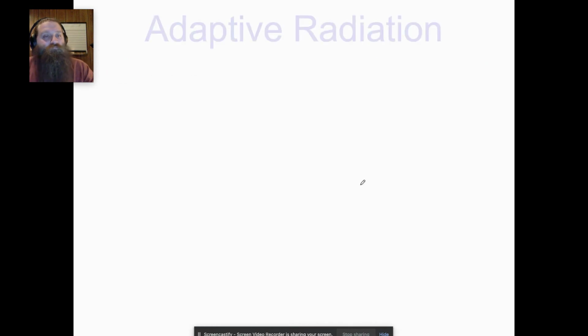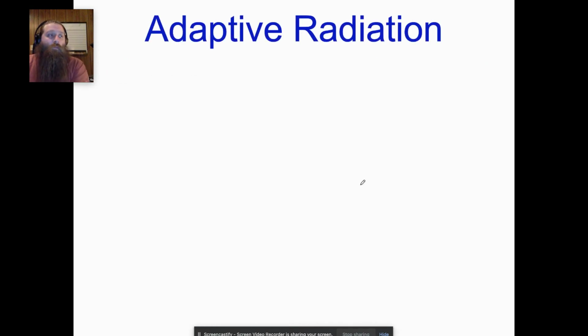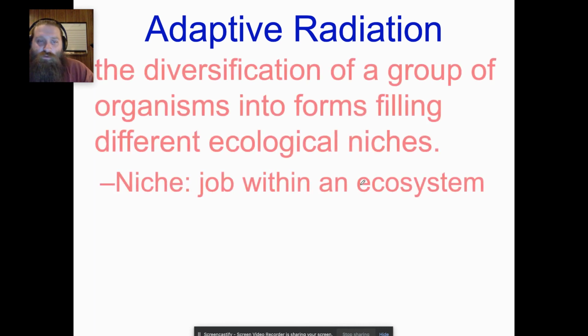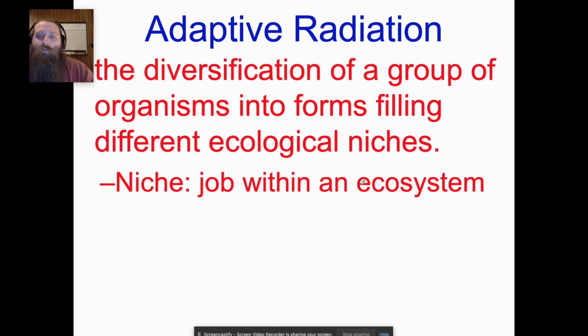All right. So let's look at some other mechanisms of evolution. So we have adaptive radiation, and this is the diversification of a small group of organisms to fill different niches. A niche is a job within an ecosystem. So this is something that can happen after an extinction event when there are a lot of niches open and available.